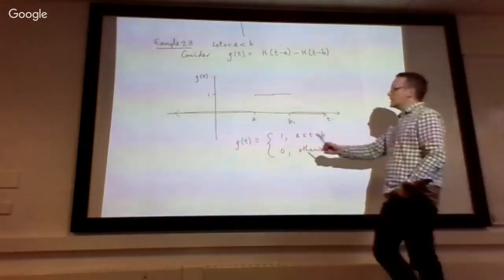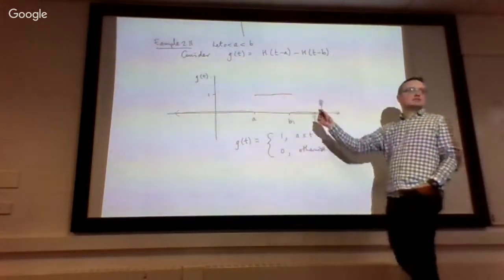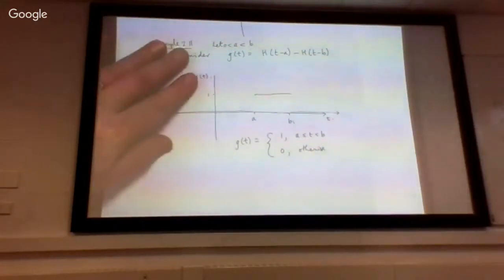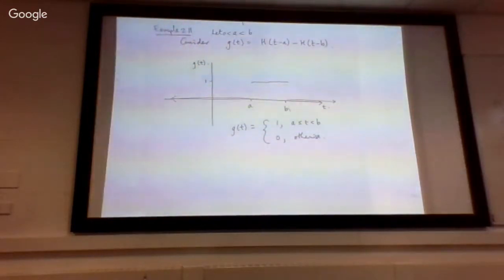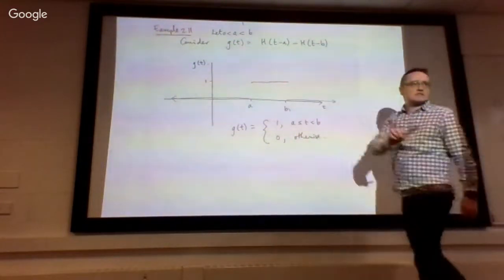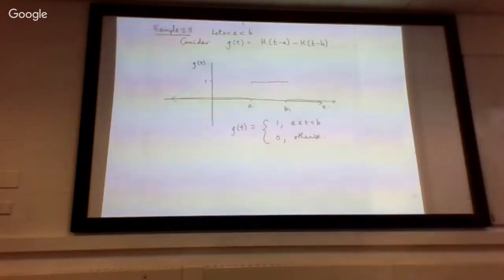So it's switched on in the interval a to b, and switched off otherwise, for t outside of that interval. Is that clear? When you take these simple linear combinations, these differences of two Heavisides like that, you get a signal or an input that's switched on in a certain interval and switched off otherwise.